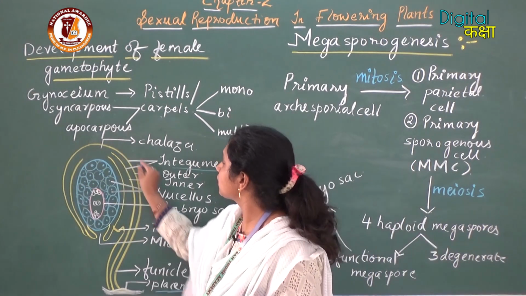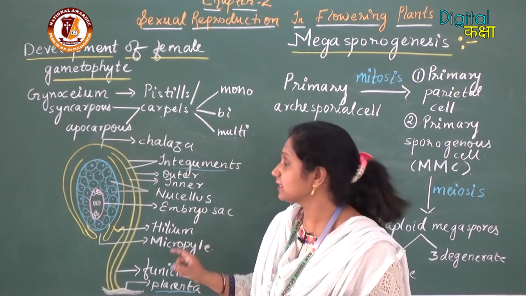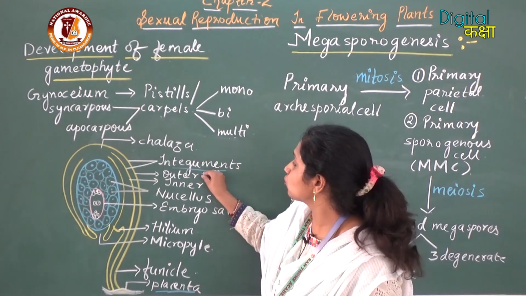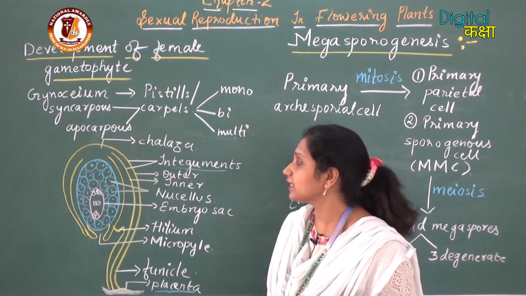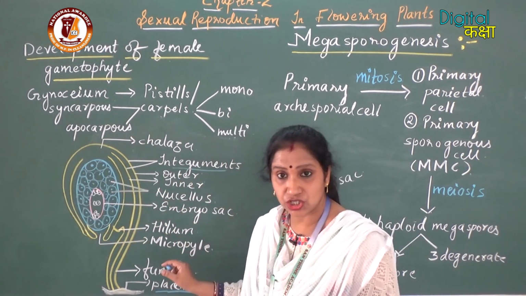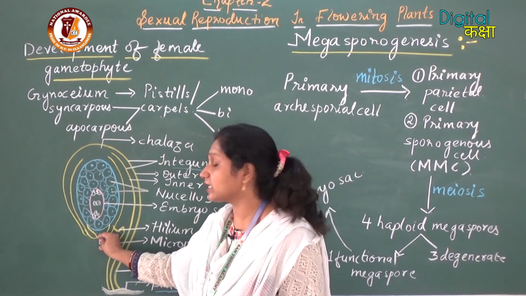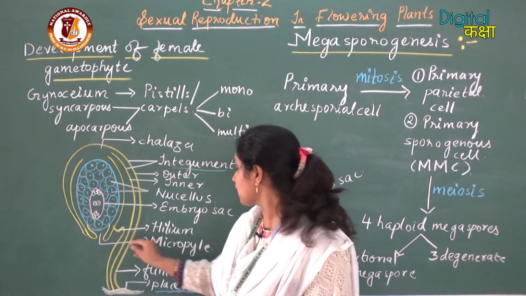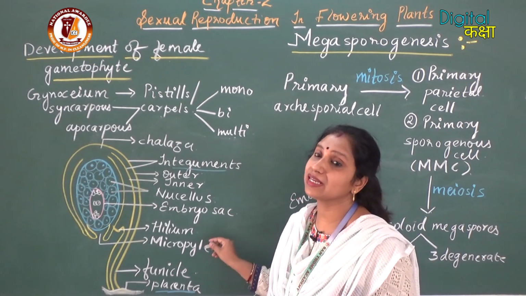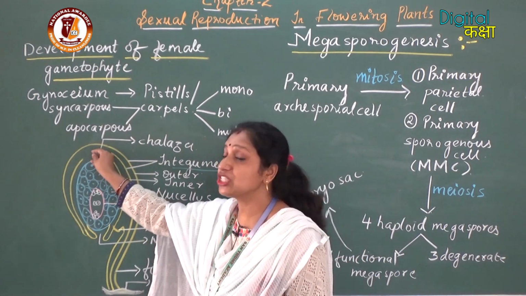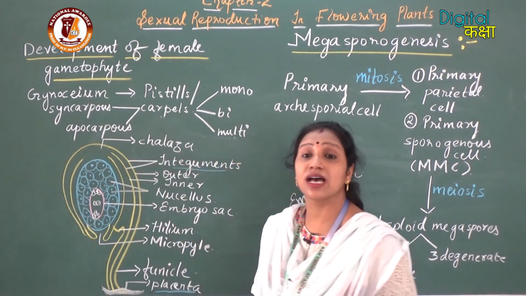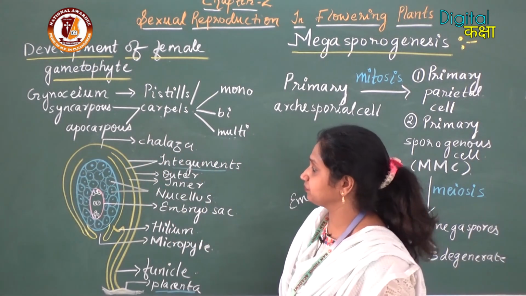The ovule is surrounded by two coverings called integuments. The outer and inner integuments are there. The integuments are not continuous. In one region the integument is absent, that region is called micropyle or micropylar end, and the other region opposite to the micropyle is called the chalaza region.